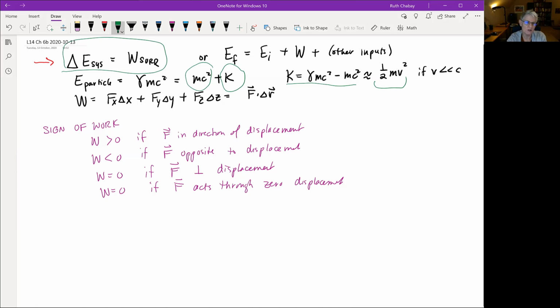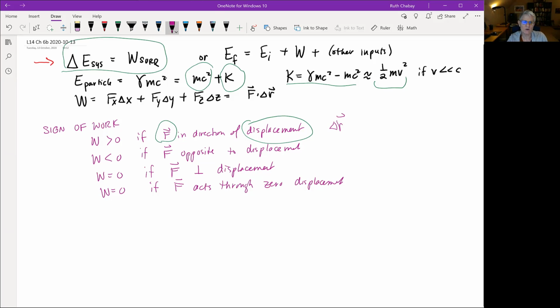So energy flows into a system if work done on it is positive, flows out of a system if work done on it is negative. And the sign of work depended on the relative directions of the force applied and the displacement, the thing we've written as delta R. This is the displacement of the point at which the force is applied.